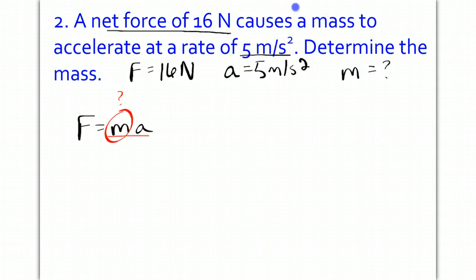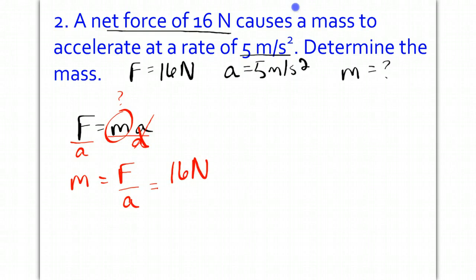So I'm going to rearrange this by dividing both sides by acceleration, canceling that. And so I'll get mass is equal to the force divided by the acceleration. So 16 newtons divided by 5 meters per second squared. Recall that because we're getting mass, we're going to end up with kilograms. And so 16 divided by 5 with 1 sig fig will be 3 kilograms.